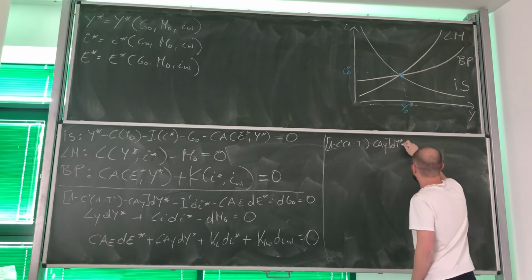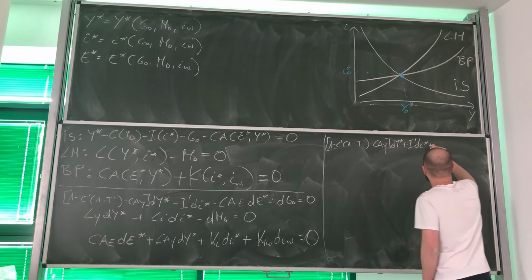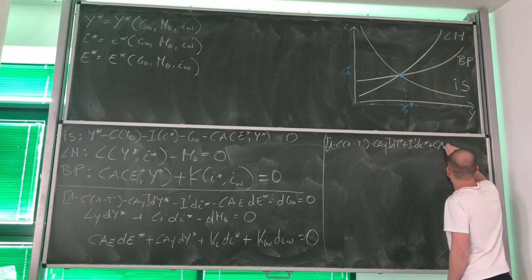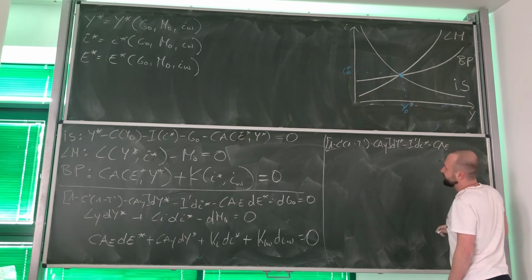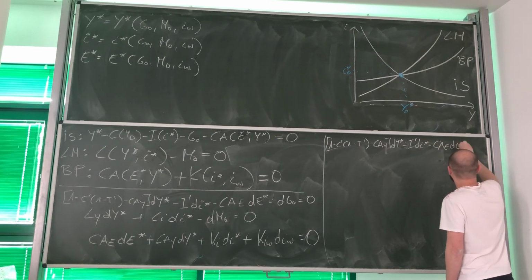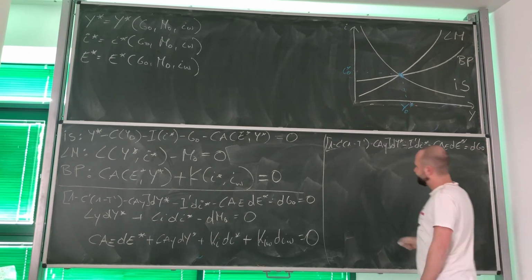I hope I'm going to be able to fit it. Plus I prime dI, plus, I'm sorry, minus and minus CAE dE equals dG0.